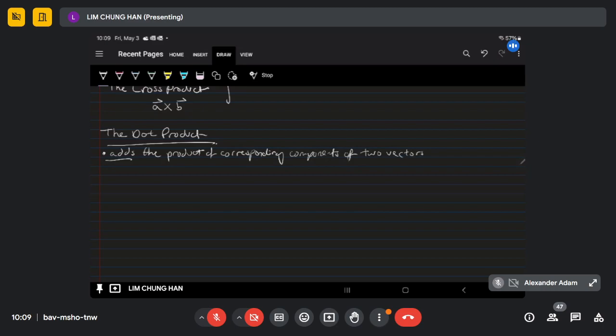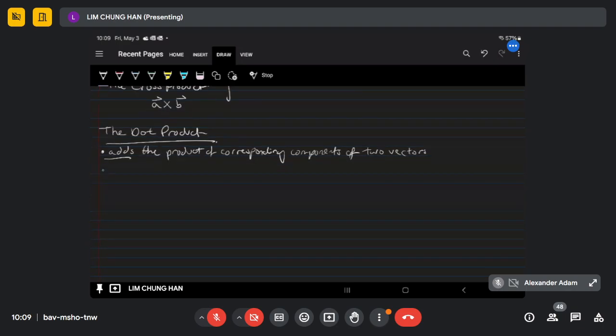Because of that, when you do a dot product, the answer is going to be in the form of a scalar.